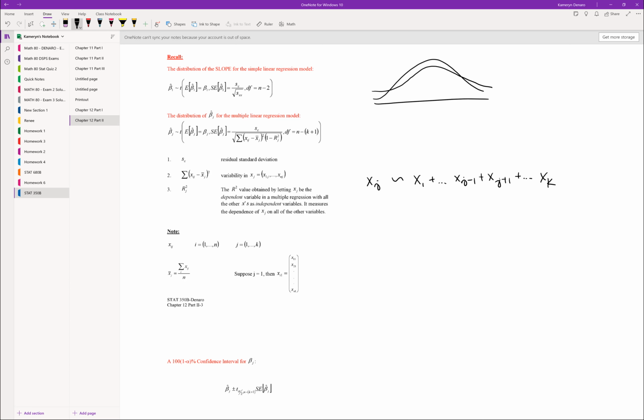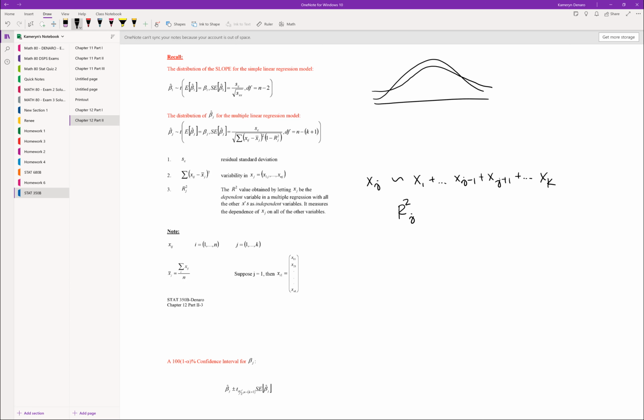When I do this regression of the xj, I'm then able to calculate the r squared value where xj is the response variable. And that is going to measure the dependence of the xj on the other variables.